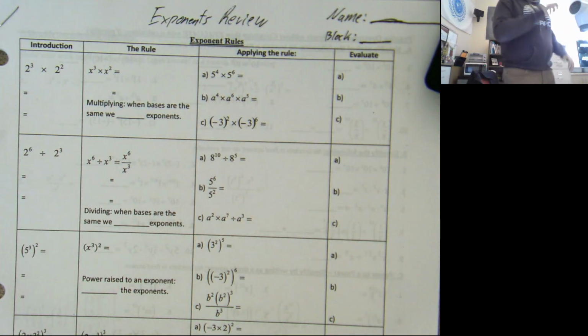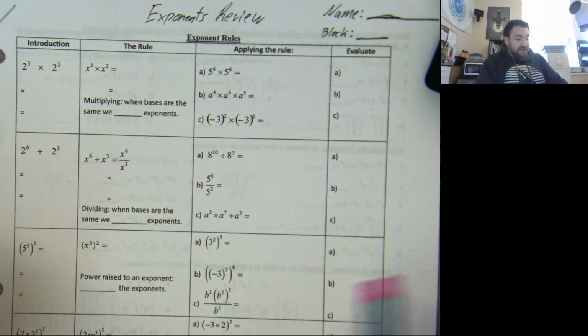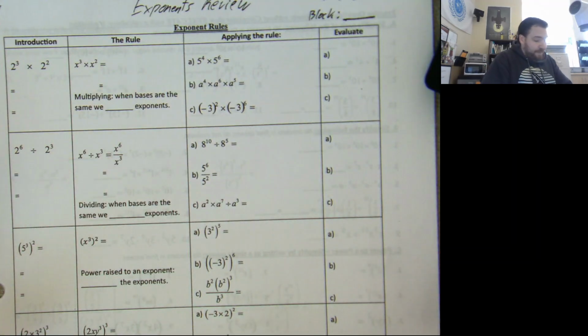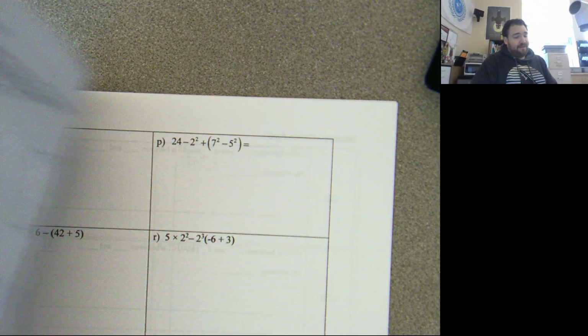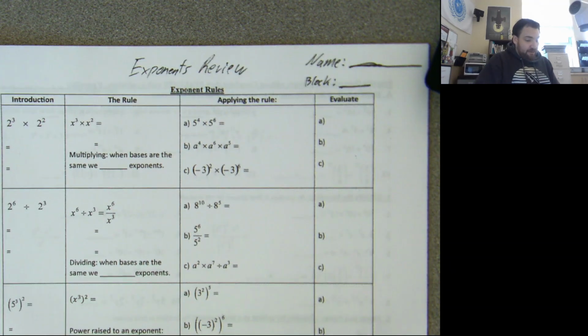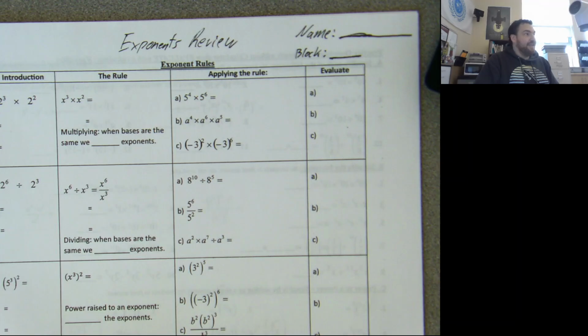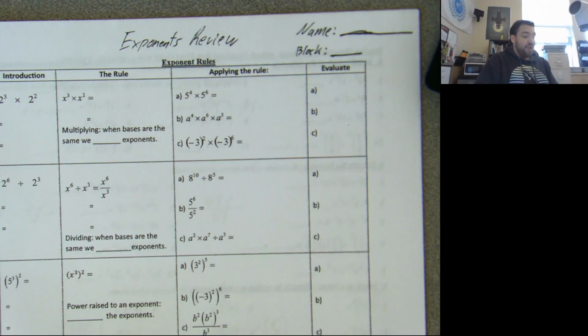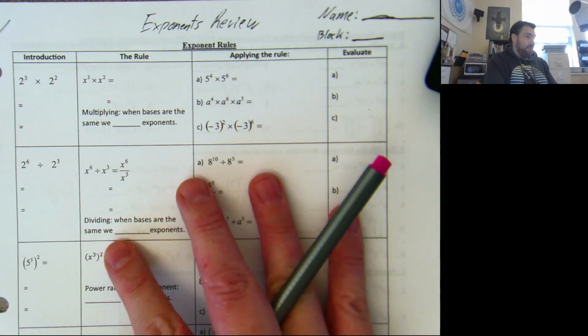Okay, so before you get started, we are going to discuss this front page together, and for this chapter test you guys are going to write on Thursday, I will allow you to use your version of this front page.